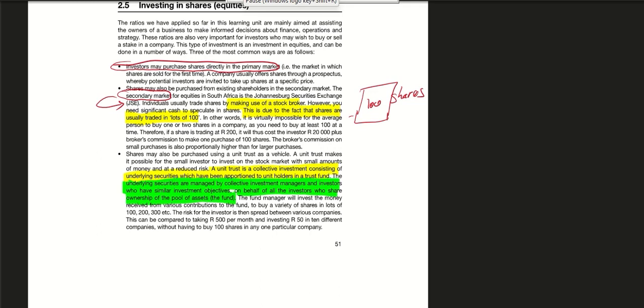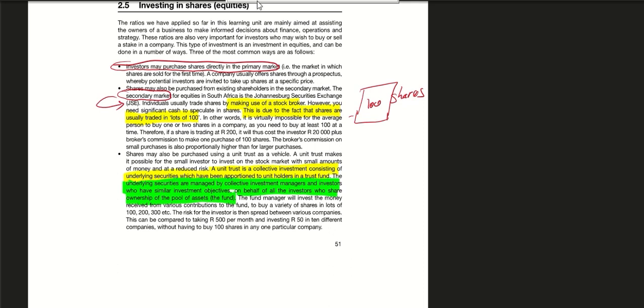But when you're looking at unit trusts, which are well managed, it's a pool of investors, and the shares being bought are a pool of assets or funds, and it's quite well diversified, and it is a very efficient way to invest.